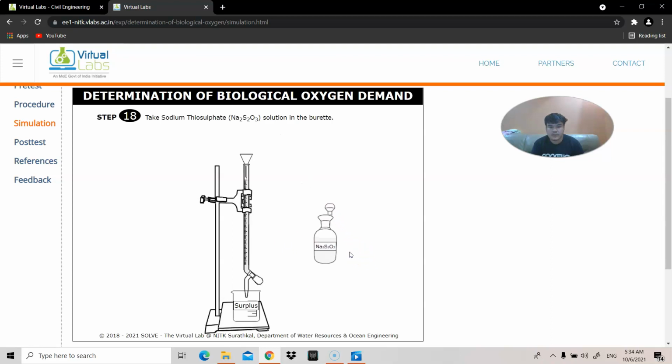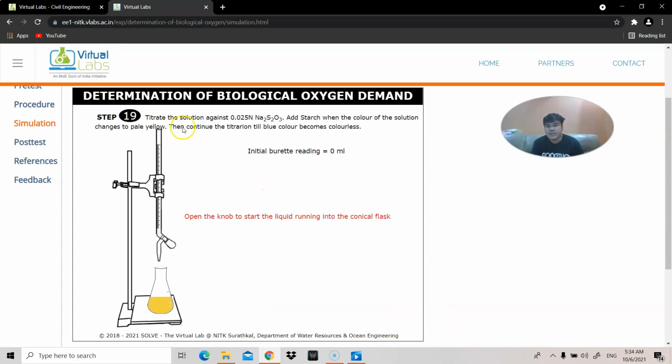Close. Titrate the solution against 0.025 N Na2S2O3. Add starch when the color of the solution changes to pale yellow. Then continue the titration till the blue color becomes colorless. So now, the initial burette reading is 0 ml. Open the knob.